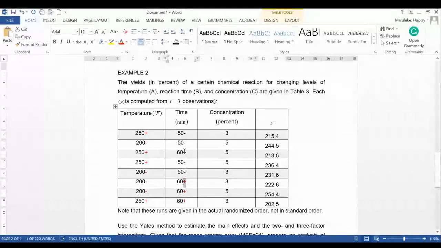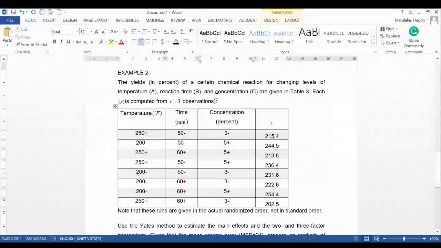I think it also applies to the last one. Now there's no need for us to waste time because I assume you understand what is happening. Negative, negative, positive, negative.